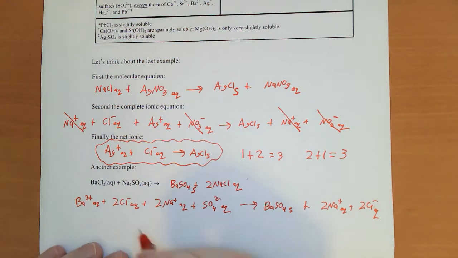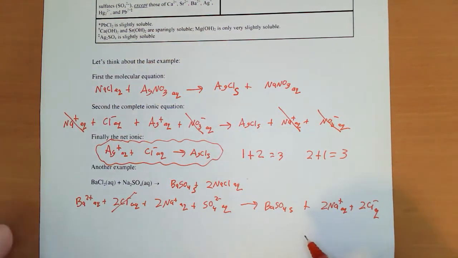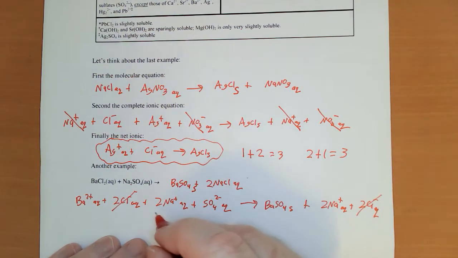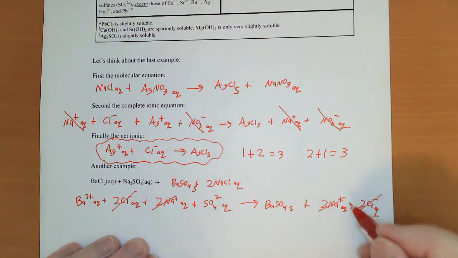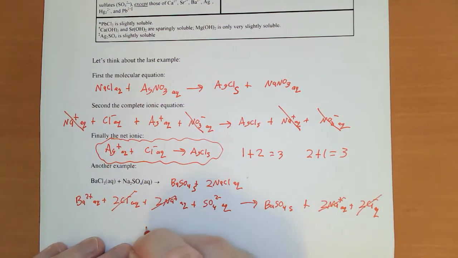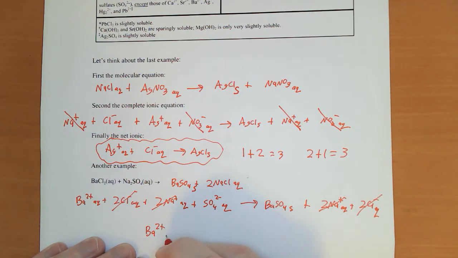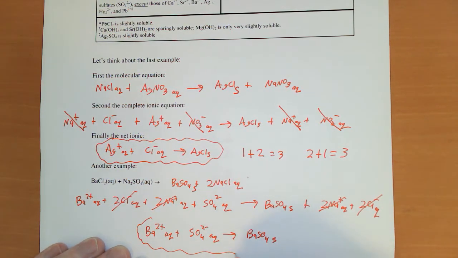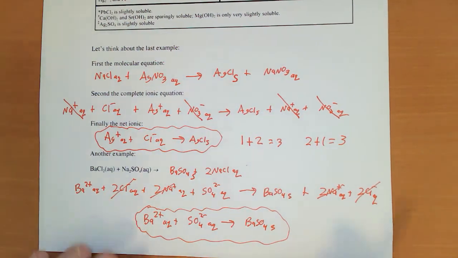Okay? And the Cl minus cancels the Cl minus, and the 2 Na plus cancels the 2 Na plus, and I'm left with Ba2 plus aqueous and SO4 2 minus aqueous to give me BaSO4 solid. And that's my net ionic equation. Sorry, my S's are a little messy looking there.